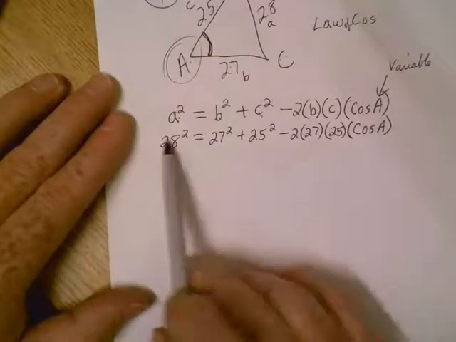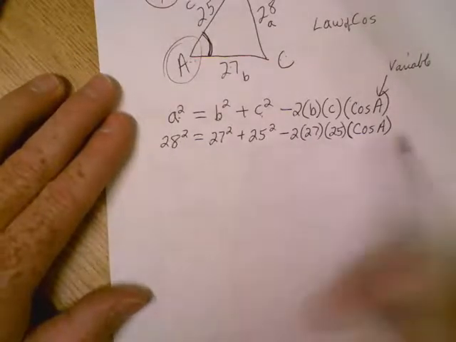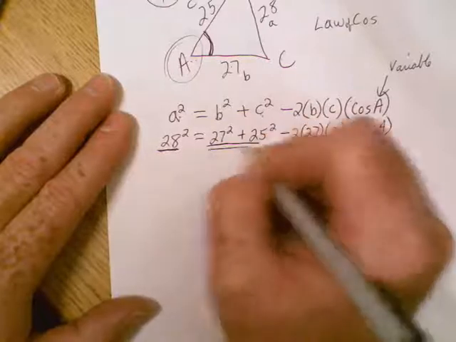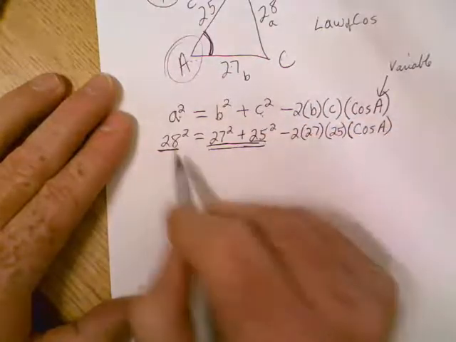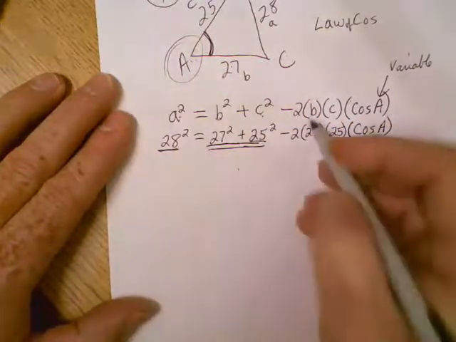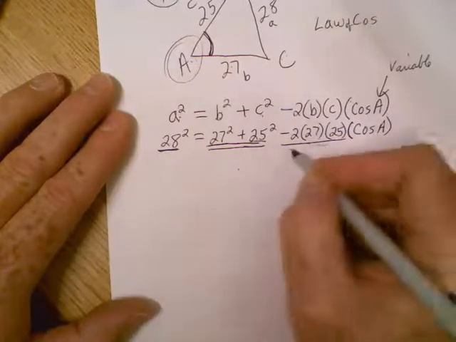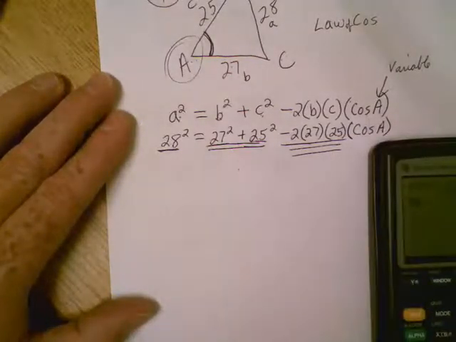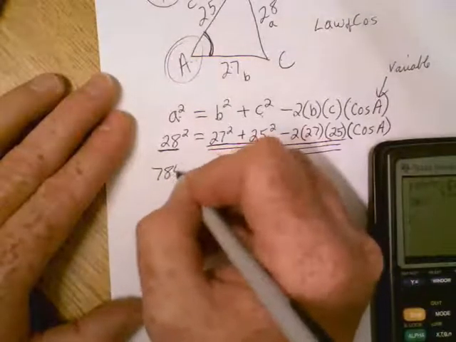If we were looking for a side, then our variable would be over here. Now I do these parts. Do this first, write it down. Do this second, write it down. And then do this part third and write it down. So I'm just going to grab my calculator. 28 squared, 784.